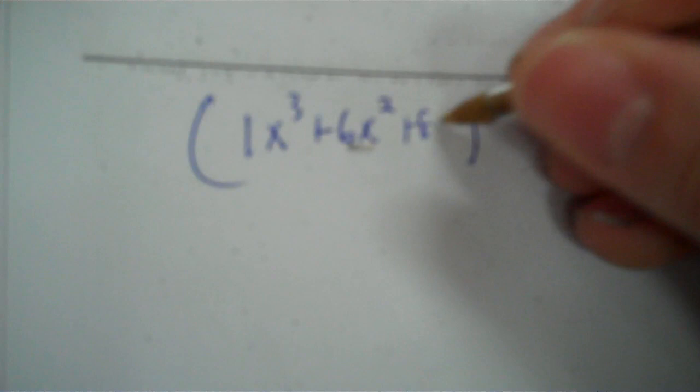And then that would be 2 with x second. X times x is x second, 4 times 1 is 4. Then you're going to have x with 8. So I have x third, x second, and x, and then no constant. So x third, you got 1, 2 plus 4 is 6, and then 8. So that's your first quantity. Simplified, I multiplied that. So 1x to the third plus 6x to the second plus 8x.